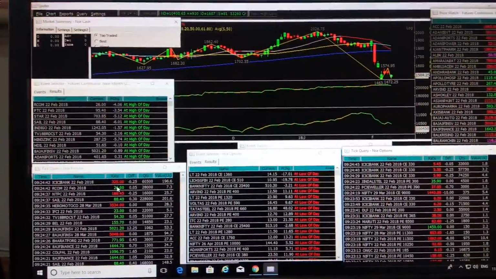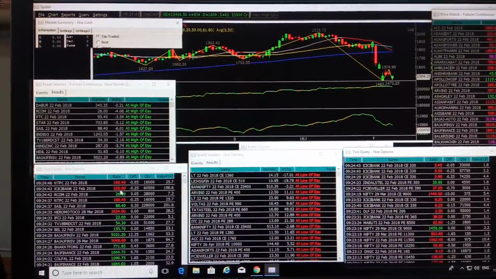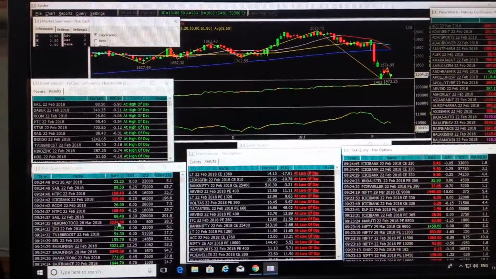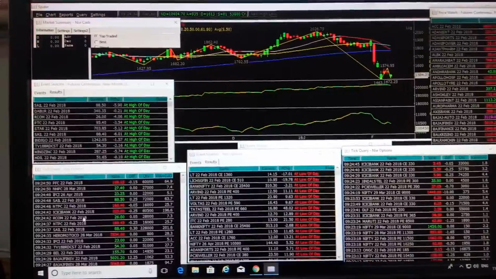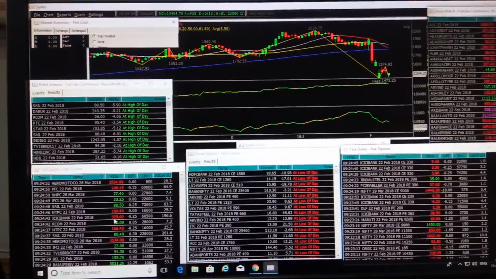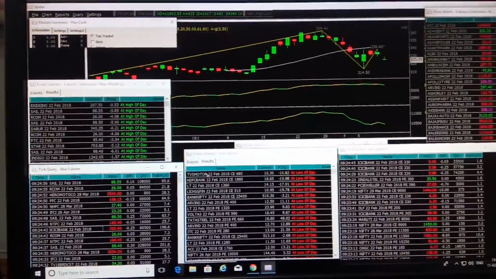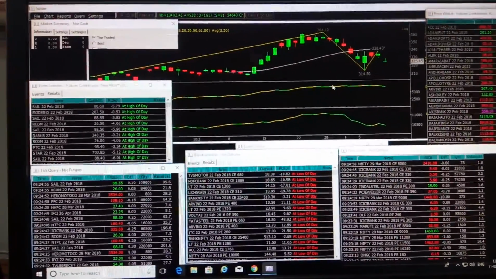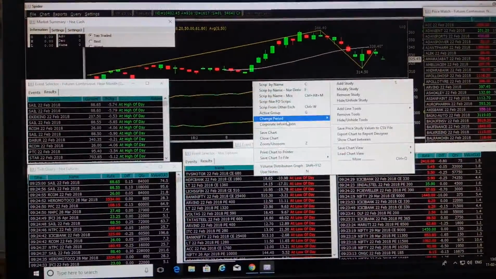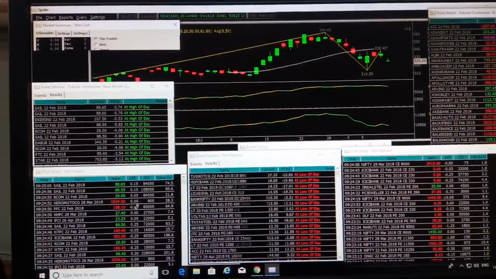Can you see ICICI Bank here now? It's at day low. At 9:20, 9:25 we saw it, and now ICICI Bank is at day low. So it's purely hinting that ICICI Bank will not work properly today. This is how it works.